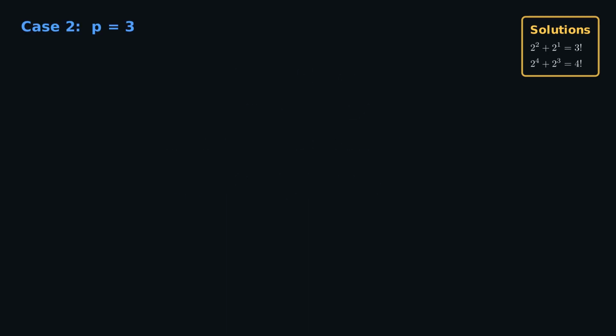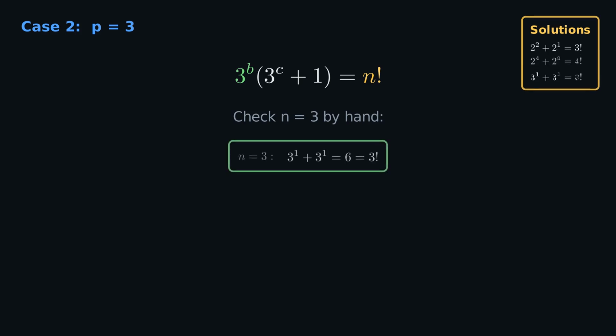Now we go on to case number 2, for p equals 3. Our equation is now 3 to the b times (3 to the c plus 1) equals n factorial. So now we're going to check n equals 3 by hand, and we find the following solution. a equals b equals 1, n equals 3, because 3 plus 3 equals 3 factorial.